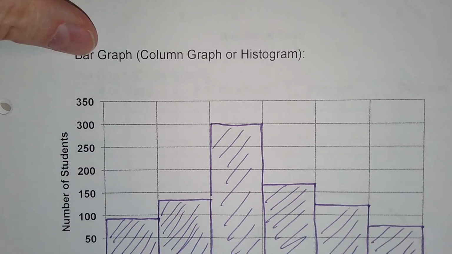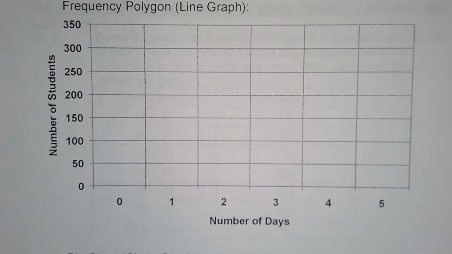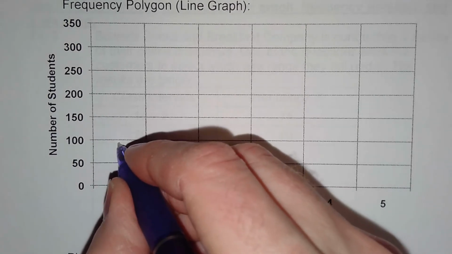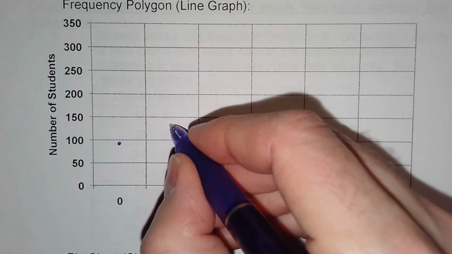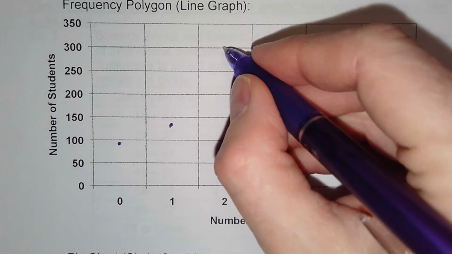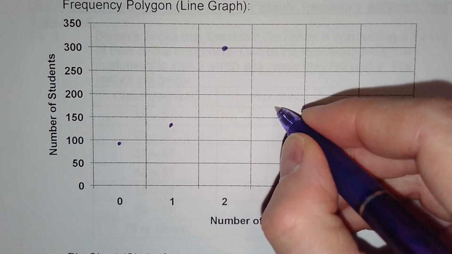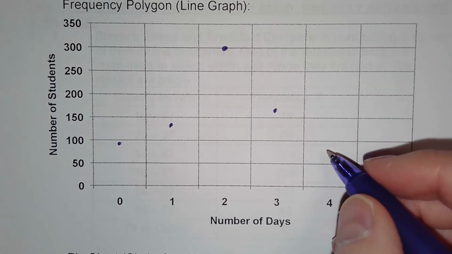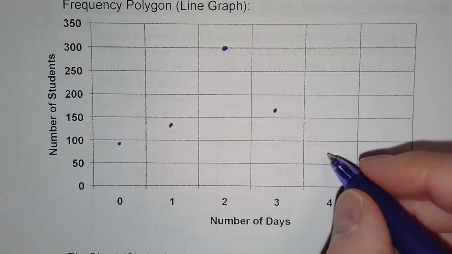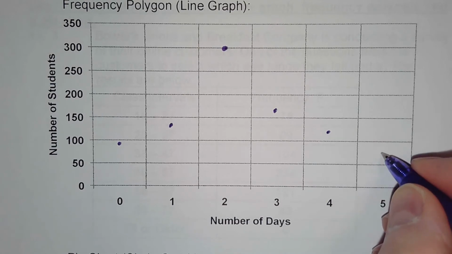And remember, with the frequency polygon, we're going to do the exact same thing, except we're going to be using dots. So I'm going to have a dot here at 95, a dot here at 135, a dot here at 300, a dot here at 165, a dot here at 120, and a dot here at 75.